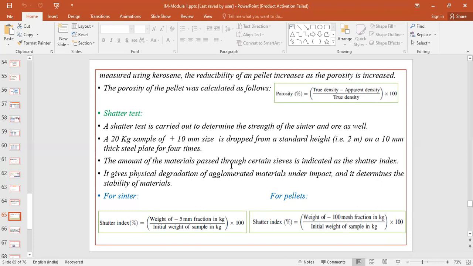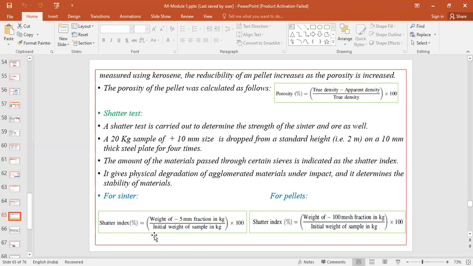The amount of material passed through a certain sieve is indicated as the shatter index. This will determine the stability of the agglomerates, especially the impact strength.